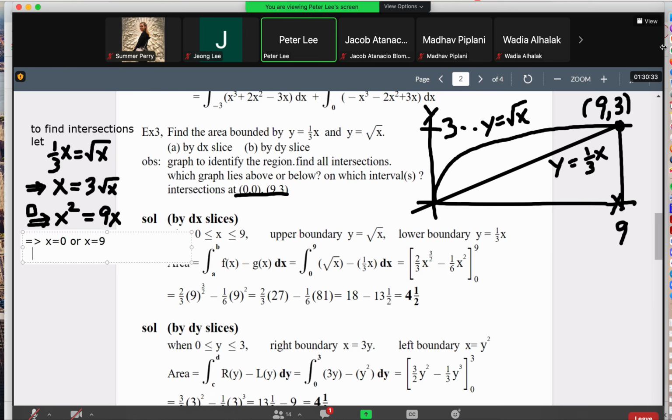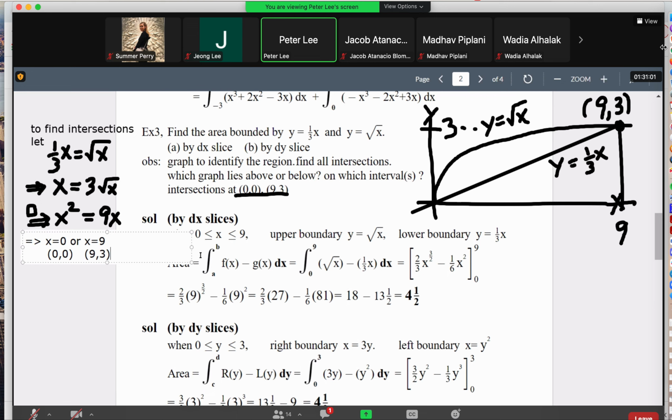And if x equals 0, the point is 0, 0. And if x equals 9, the point is 9, 3. I also want to write down the points as well. So those are the endpoints, and you can find those endpoints algebraically. By the way, on the test, you should find those points algebraically. The graphical methods are usually not accepted. So I want you to find those intersections algebraically. So 0, 0, and 9, 3.